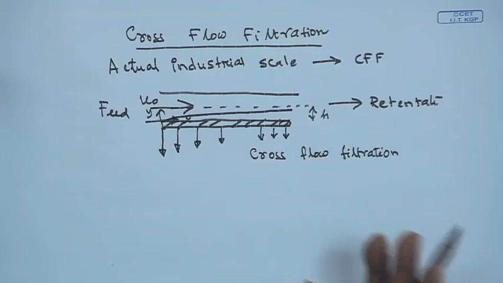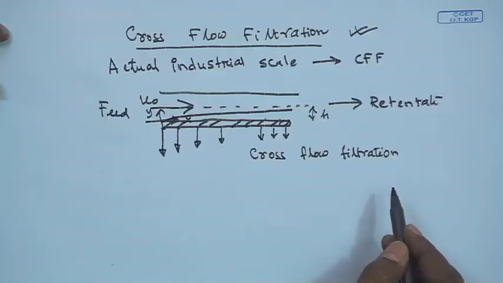So the cross flow filtration system will be very efficient, curbing the growth of the mass transfer boundary layer and hence the resistance against the solvent flux. Therefore, one can realize very high permeate flux or throughput in a cross flow system.